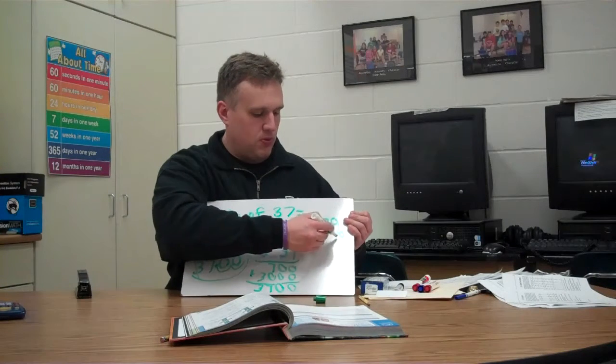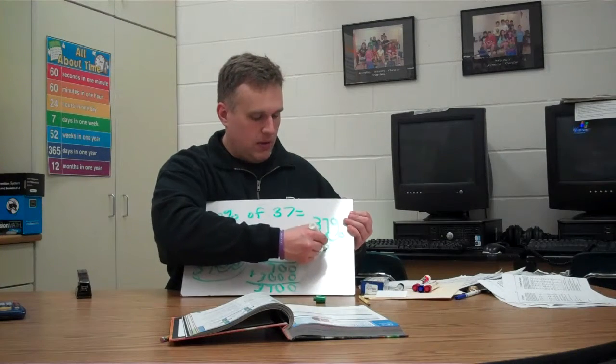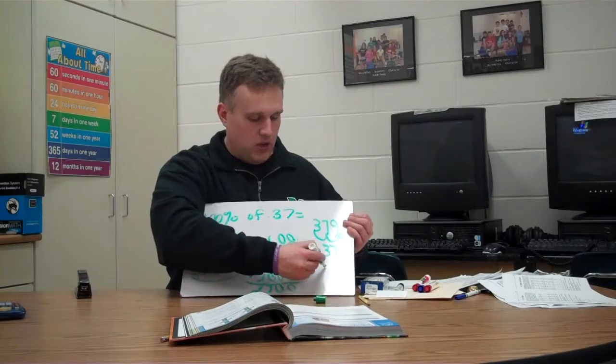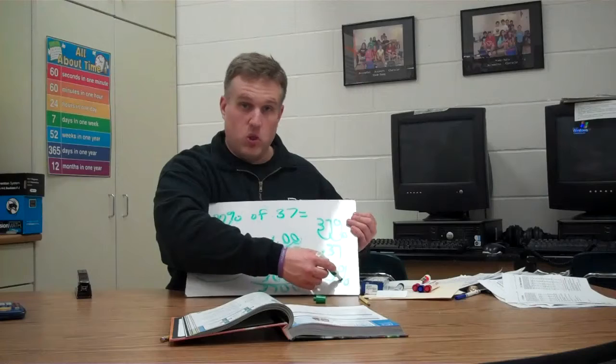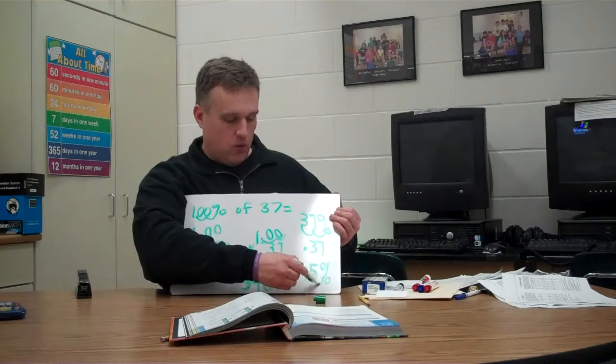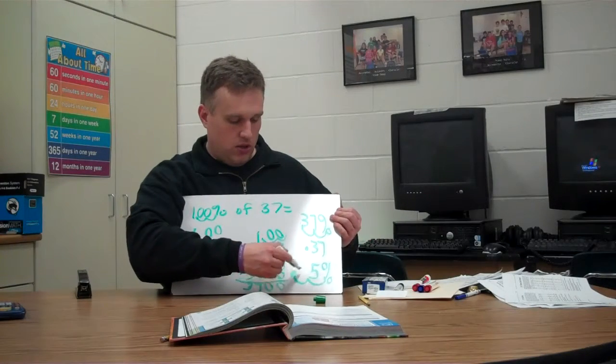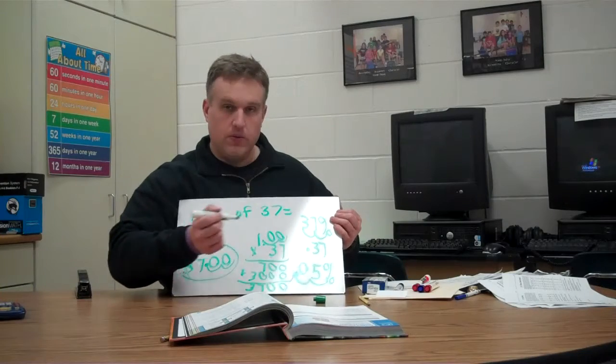Okay, if I have 37%, 1, 2, that becomes 37/100ths. If you just have a single number, I still move it 2 places. So 5%, 1, 2, so I need to add a 0 in there. Okay, so don't forget about that. And that's tonight's homework.